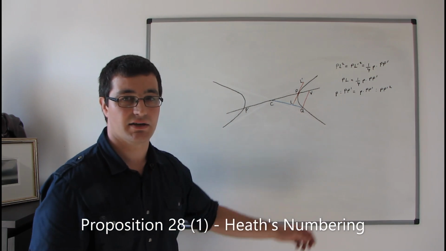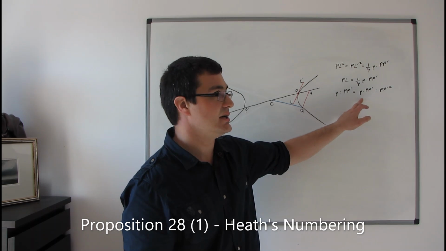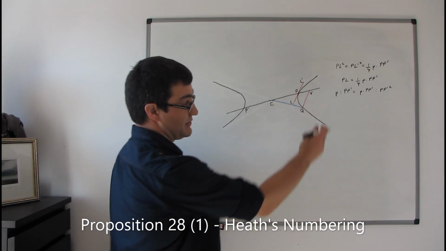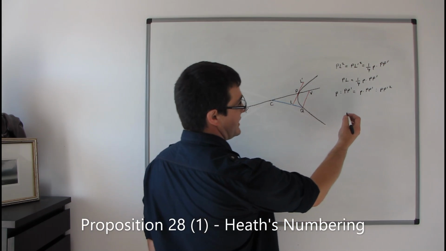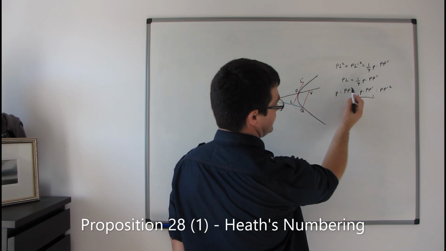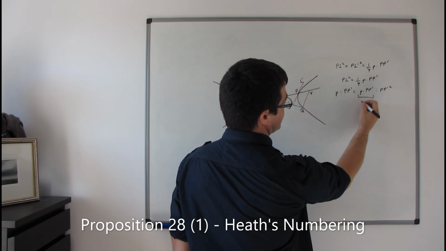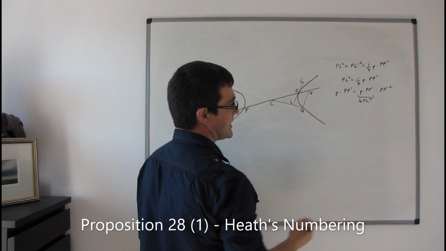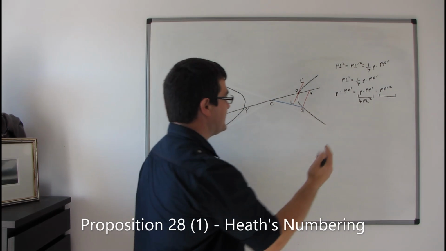This is a consequence of Euclid, probably Book 6, Proposition 1. Therefore this is equal to 4PL squared.